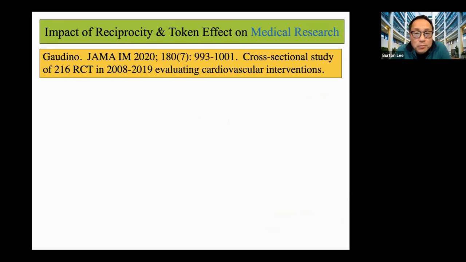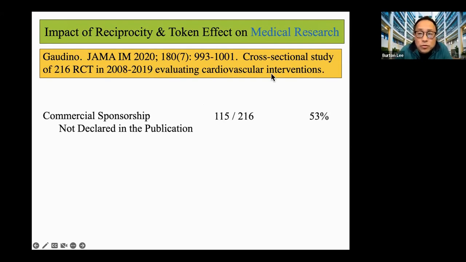So as we wrap up, let's think about a more common type of issue, because outright fraud does happen, but that's not the most common type. Let's look at this paper by Gaudino, and they're looking at 216 randomized trials over this time period, and the subject matter is various cardiovascular interventions.